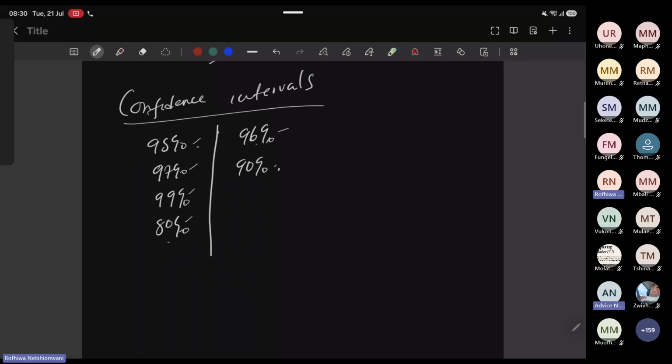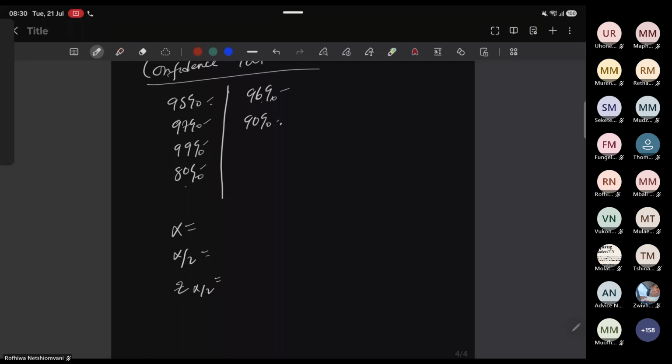So now your job is to understand how to get this. When given this, you understand how to find alpha, then alpha divided by 2. Then you understand how to find z at alpha divided by 2. You see this procedure.